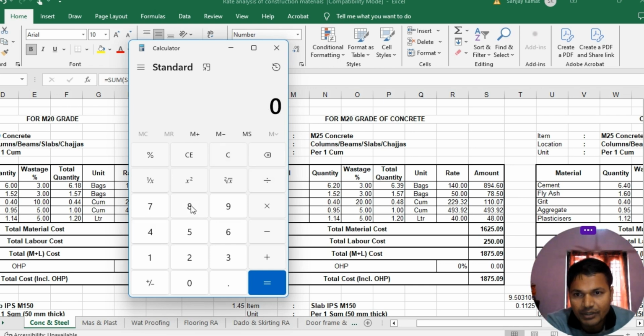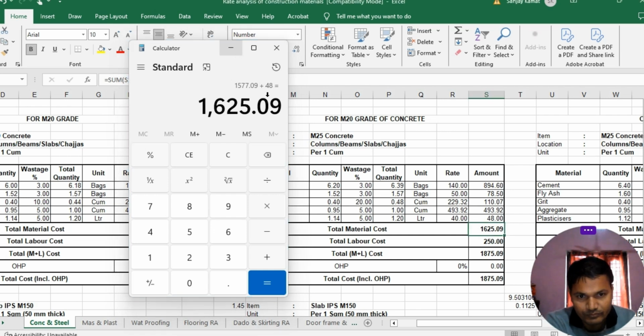So now let's do 894.60 plus 78.50 plus 110.07 plus 493.92 plus 48. If you do, how much will it come? 1625.09. So it is approximately this much only. Okay, so this is correct.